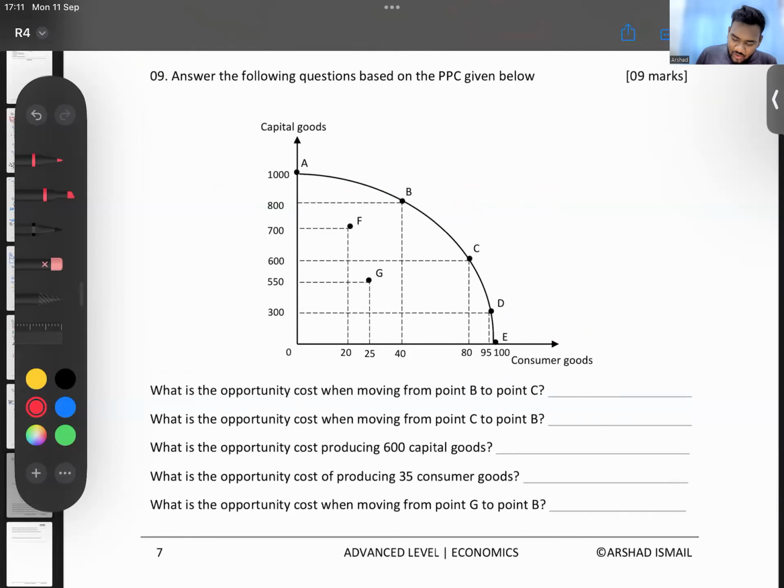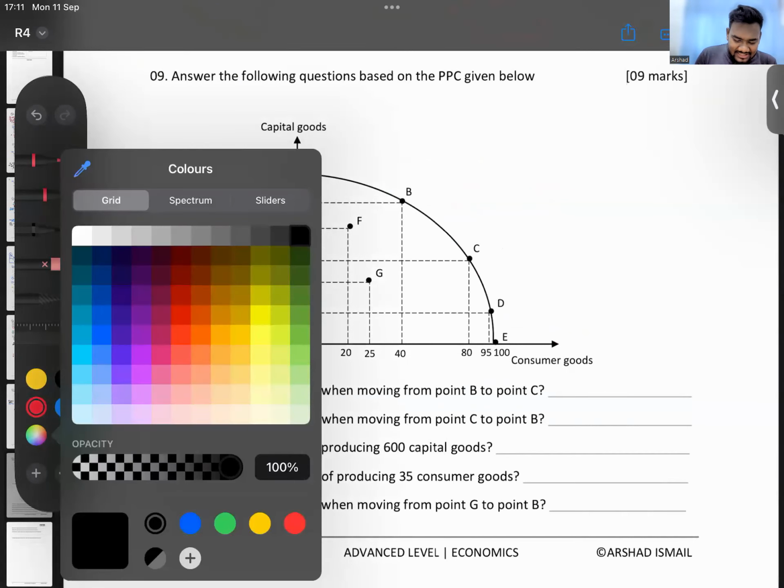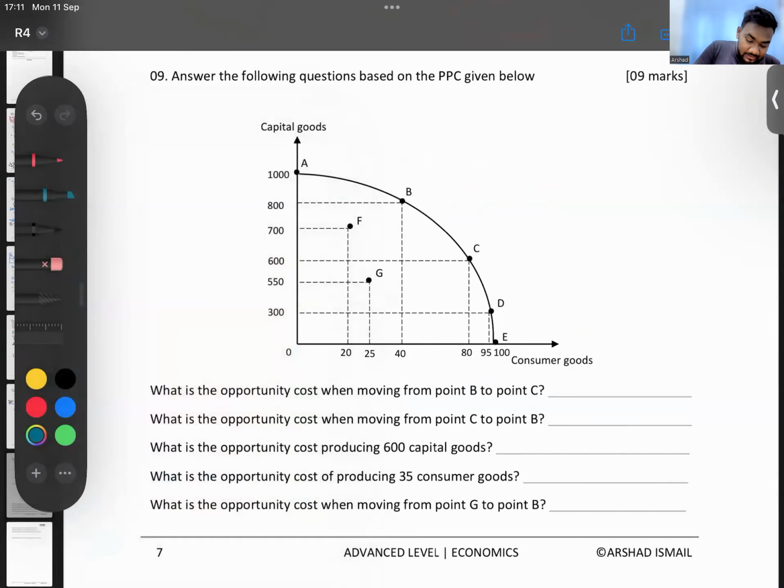Now, guys, I want all of you to give me an answer for this. It's an interesting question. The answers are also short answers when you put them well. Answer the following questions based on the PPC given below. What is the opportunity cost when moving from point B to C? When you're moving from B to C, you're increasing the production of consumer goods.